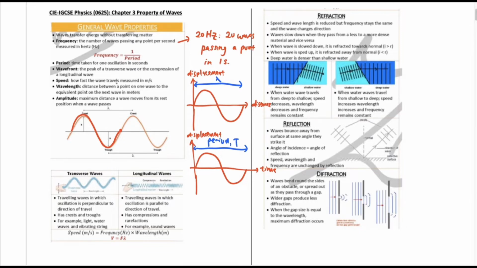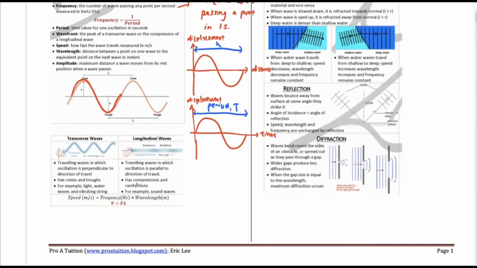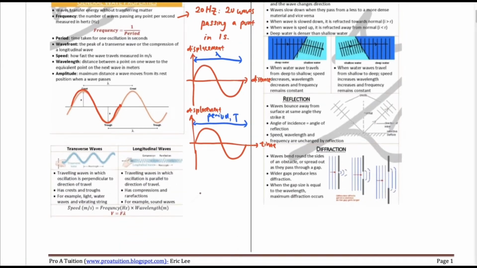The crest, the peak of the transverse wave, forms the wavefront. Wavefront looks like a line, you know. Like this also. These are the wavefronts. So a wavefront is actually something like this. Let's say this is your wave.